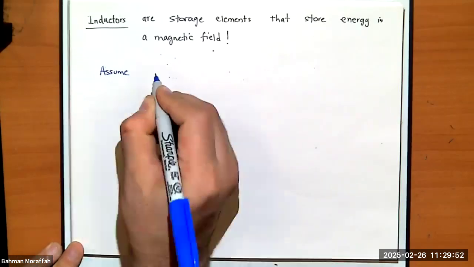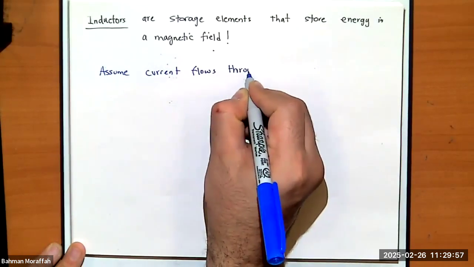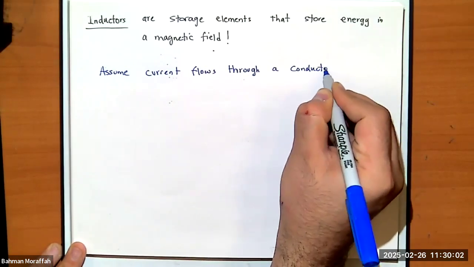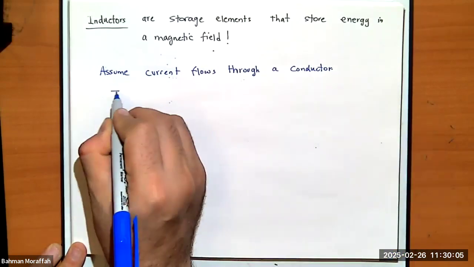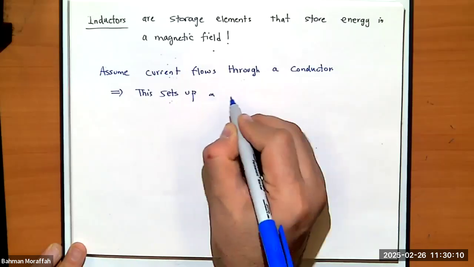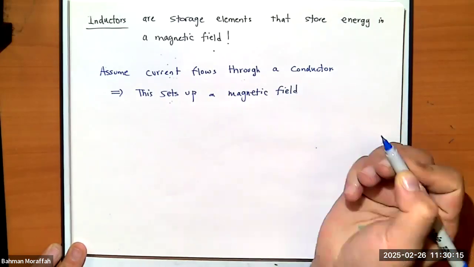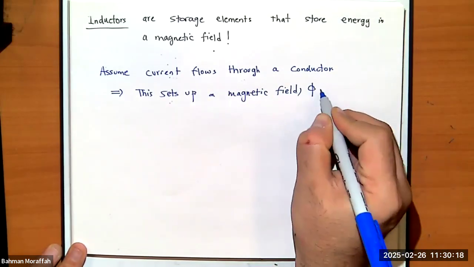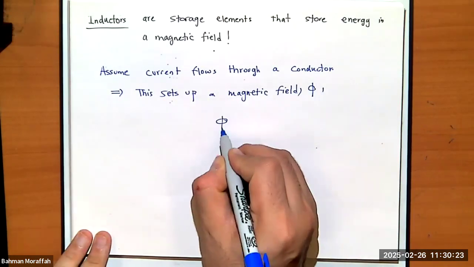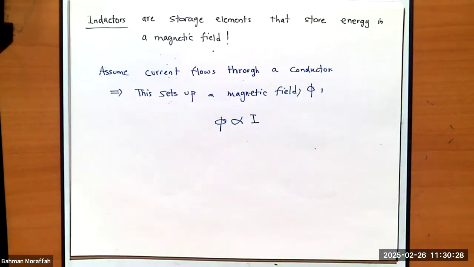Assume current flows through a conductor. This sets up a magnetic field. Let's call that phi. And we know the value of this phi is proportional to current I.